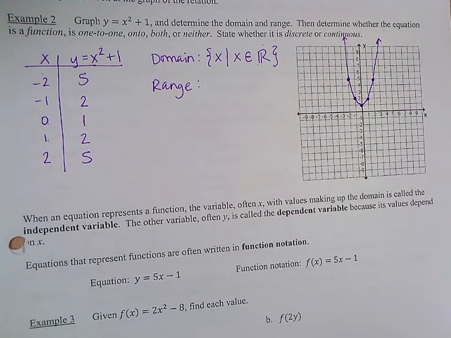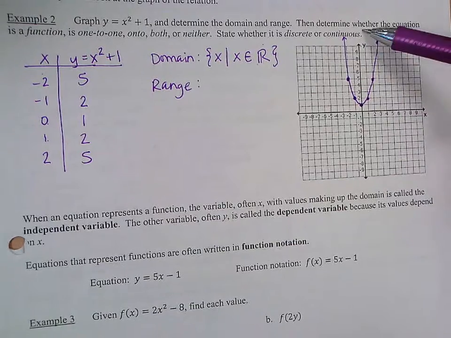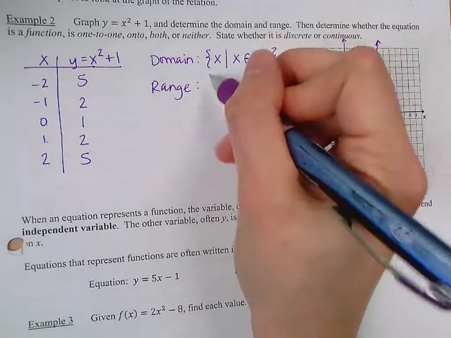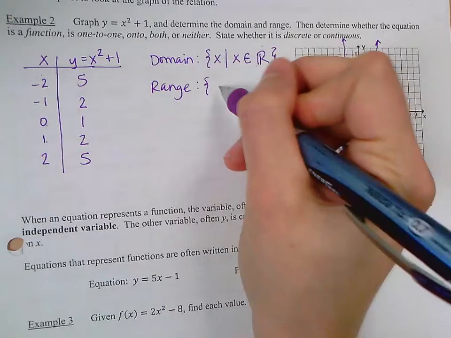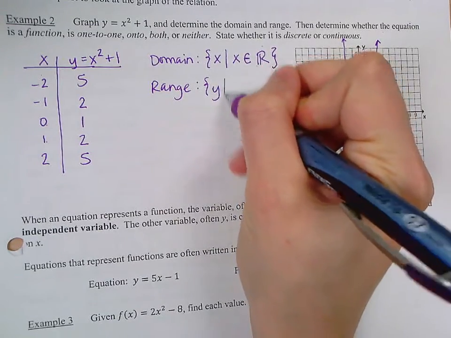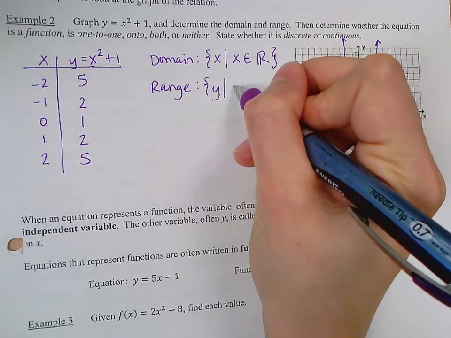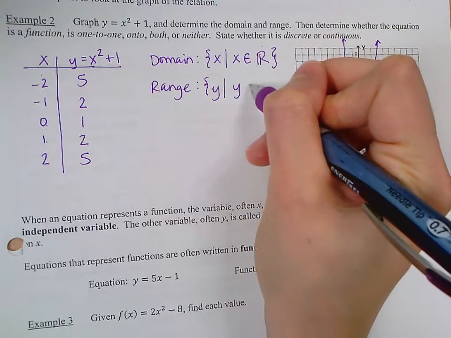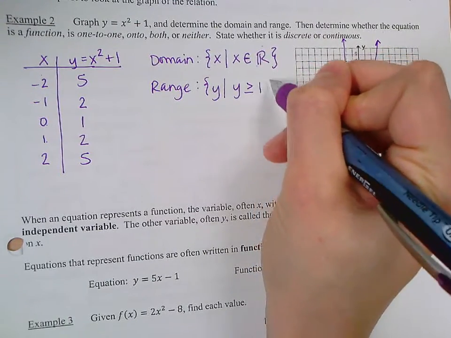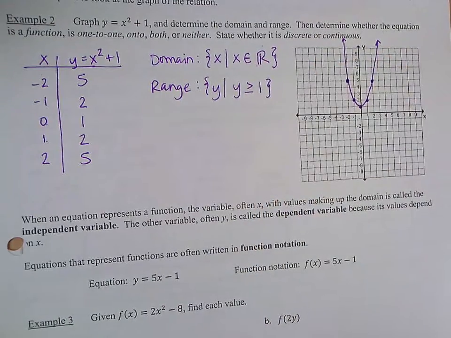All of the y values are either 1 or higher. So I could write this in set builder as the values y such that, and I'm going to write an inequality, the y values are greater than or equal to 1. That's for this graph specifically. It doesn't mean all graphs will have a range like that. Some graphs do have a range of all real numbers.